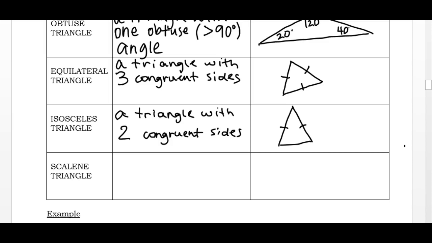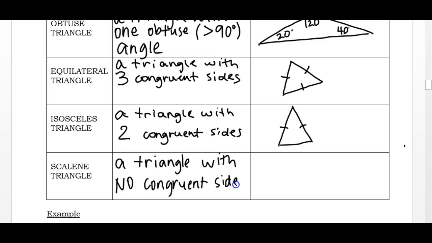And then the last one, scalene, would be a triangle with no congruent sides. So to draw a scalene triangle and have it labeled appropriately, marked appropriately, I'd mark all 3 sides as being different to show that none are the same.